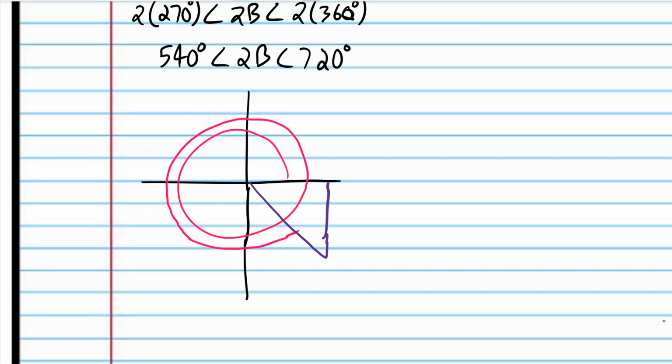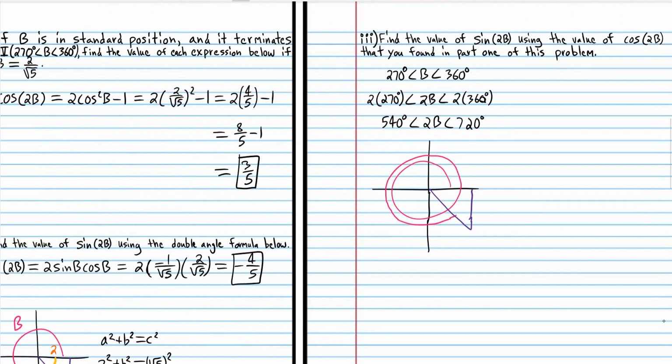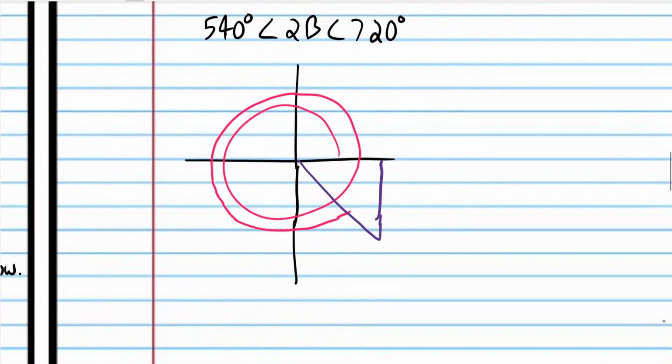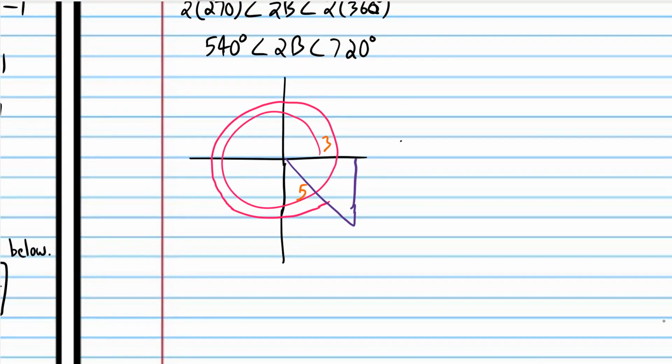And we know cosine 2b is 3 over 5. So this side's 3, this side's 5. So if we use the Pythagorean theorem, we can find the missing side. Sorry, my pen is kind of malfunctioning. And if we solve, we get plus or minus 4.